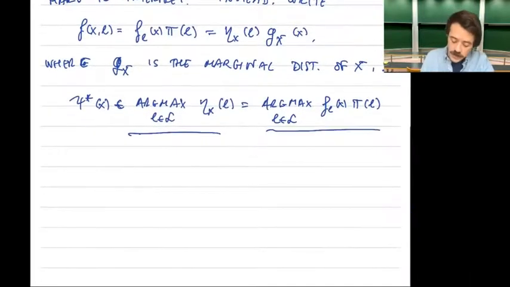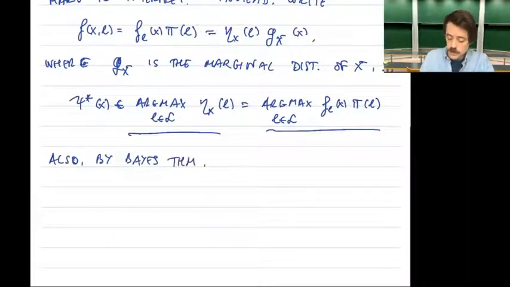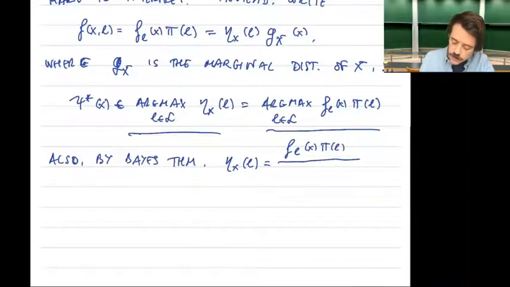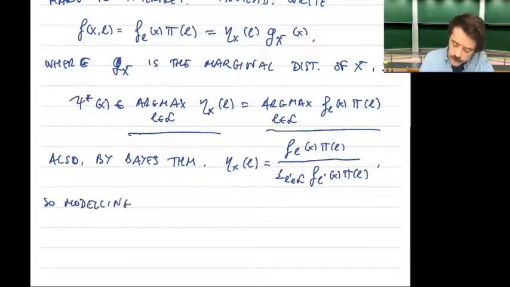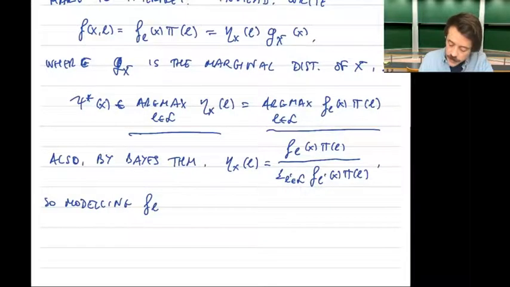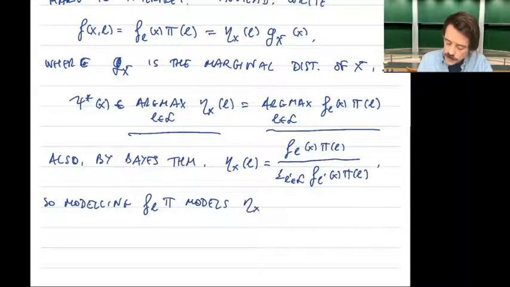And let me just say also that by Bayes' theorem, the regressor is given by this product, which means that modeling f_l pi models eta x implicitly.